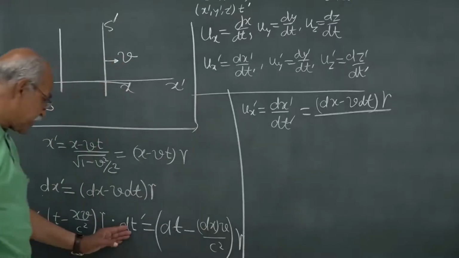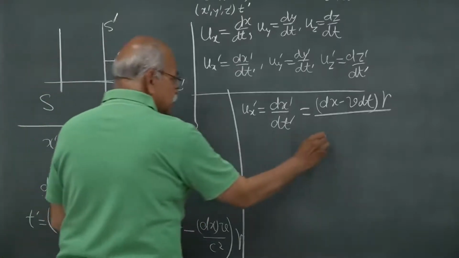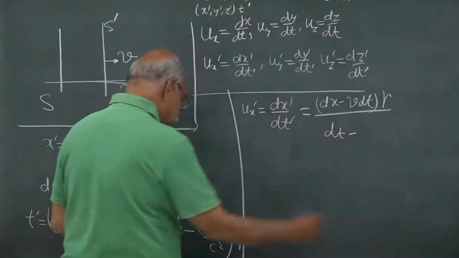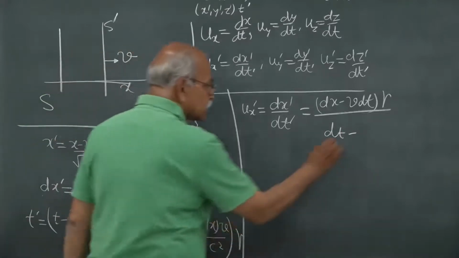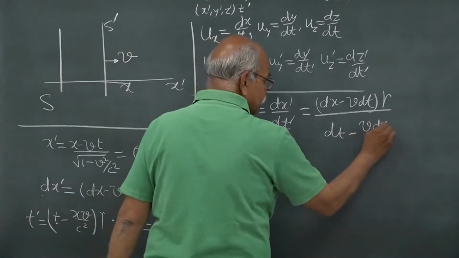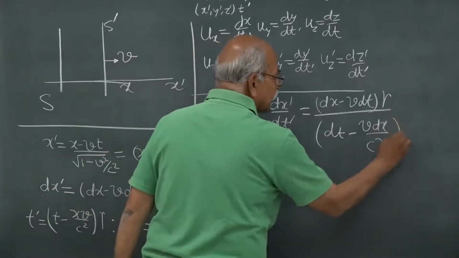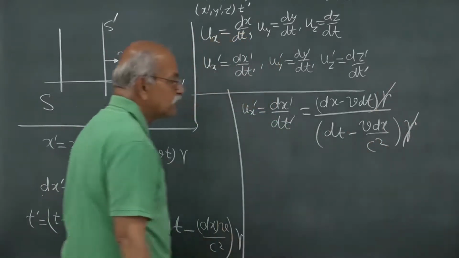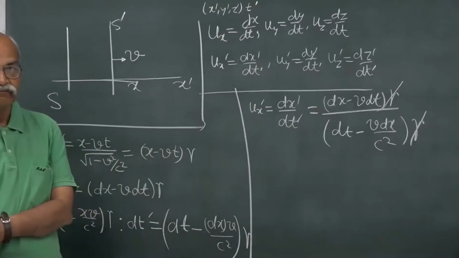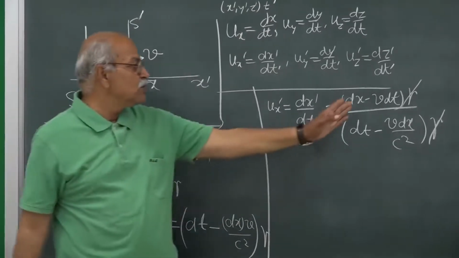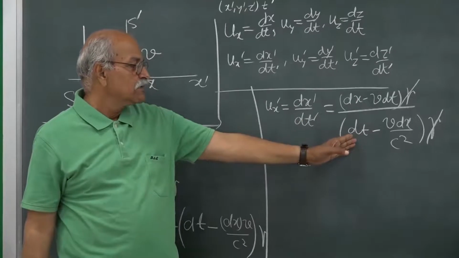And here is dt prime, dt minus v dx over c square and times gamma. So cancel these two gamma first and divide numerator and denominator by dt.